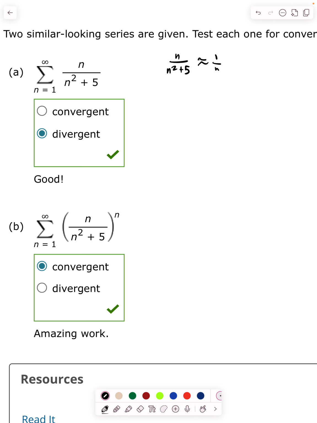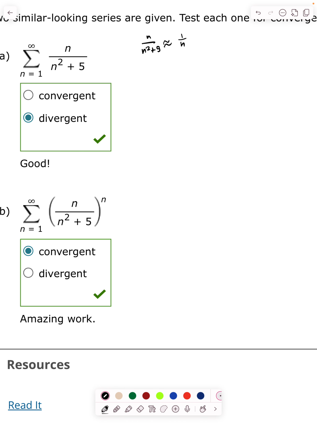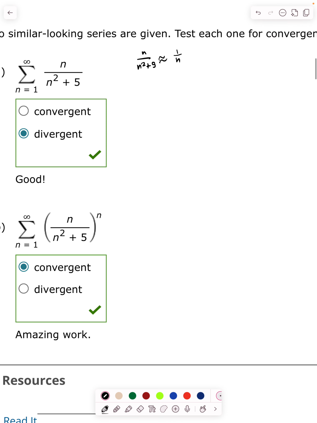And so we are able to use the limit comparison test for this one, because I can say in the beginning that n over n squared plus 5 is approximately 1 over n, because the constant terms are almost negligible and we only care about the higher order terms, but the higher order terms cancel out when we neglect this 5.